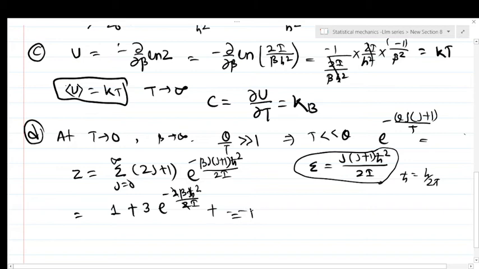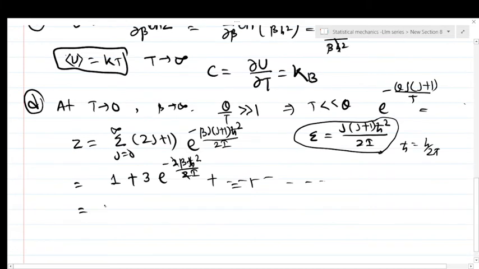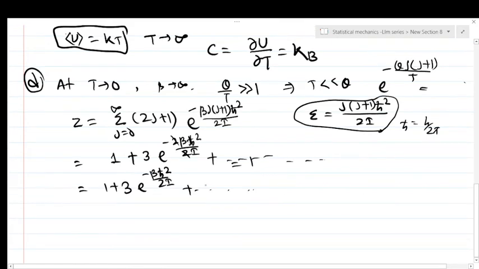And then so on terms will come: 1 plus 3 e to the power minus beta h cut square by I, plus dot dot dot, like this terms will appear. Okay, then we can find out the free energy.